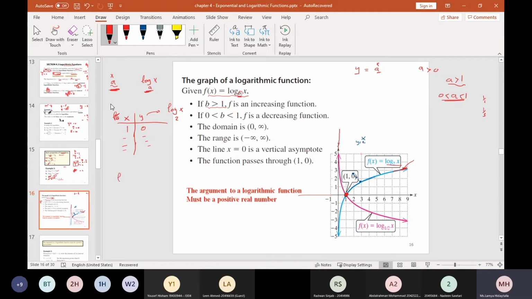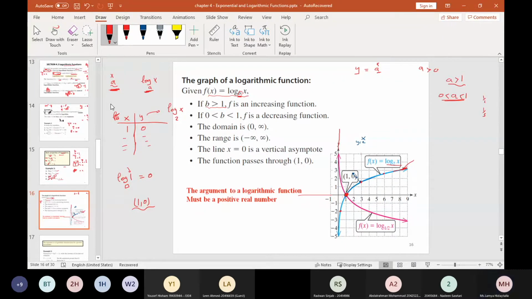Because we knew that logarithm of 1 to any base is equal to 0. If the x value is 1, the y value is 0. So any logarithmic function should pass through the point (1, 0), in particular log x to the base 2. Then evaluate some other points and try to sketch. We sketch, so this is our graph.